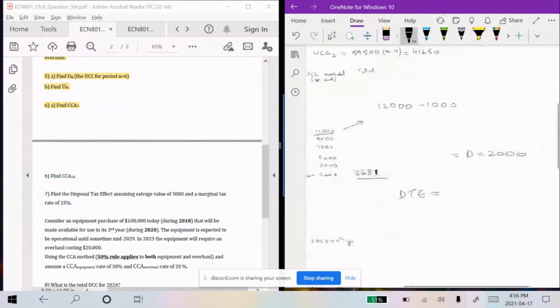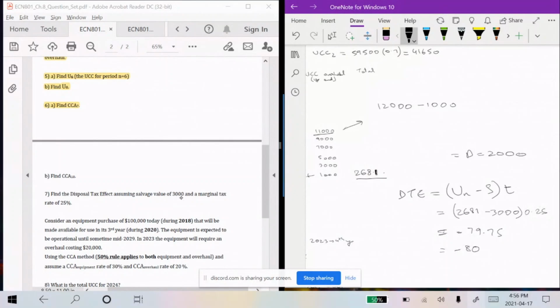So the formula for the disposal tax effect is the U final minus S multiplied by the tax rate that they gave us, which is given as T. So here it's 2681 minus the salvage value, which is 3000, multiplied by 0.25. So what you get is 2681 minus 3000 times 0.25. You get minus 79.75. Right, so minus $80.